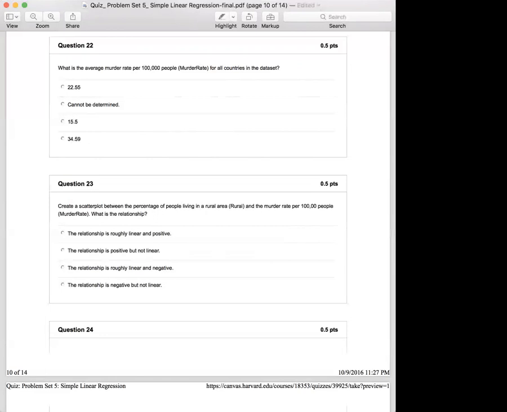So, to stay on task, our emphasis as criminologists is on simple linear regression and minimizing the sum of squared errors.